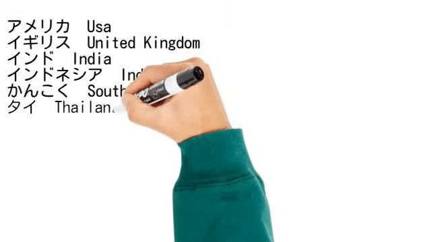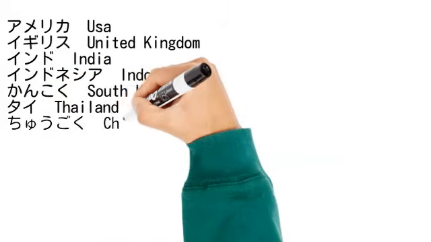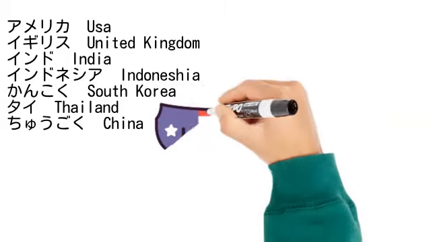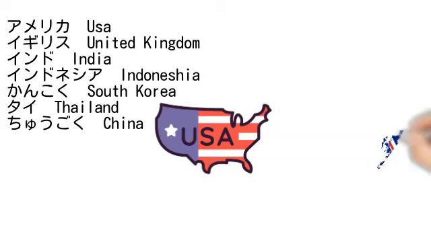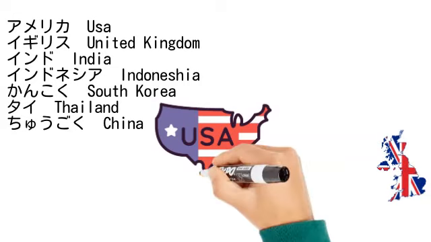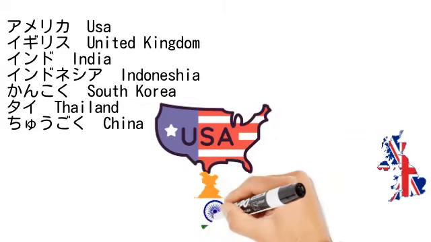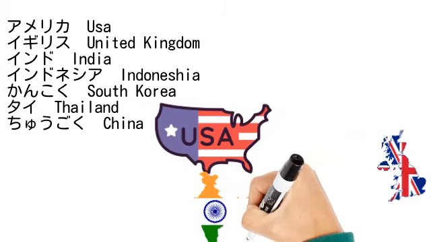For our first words, we have Amerika for USA, Igirisu for United Kingdom, Indo for India, Indoneshia for Indonesia, Kankoku for South Korea, Tai for Thailand, and Chugoku for China.